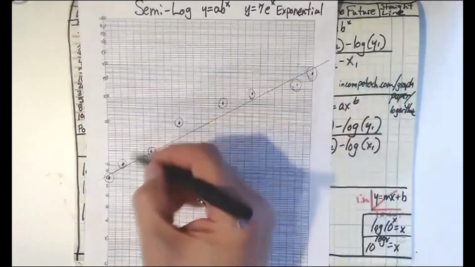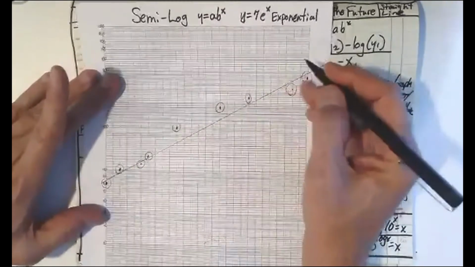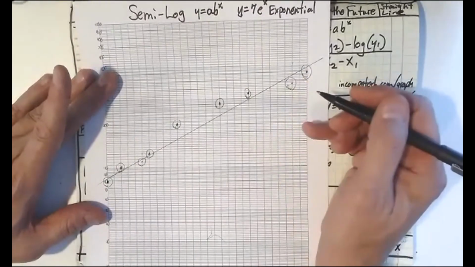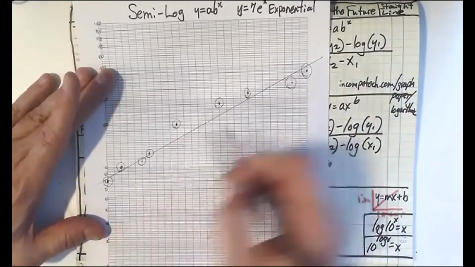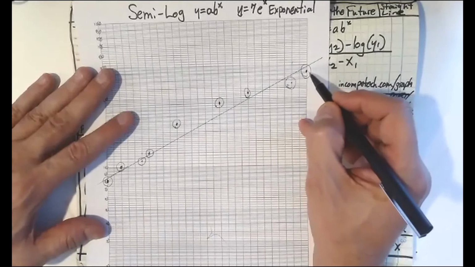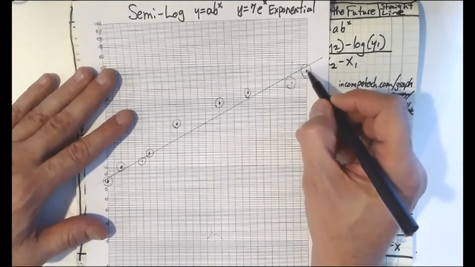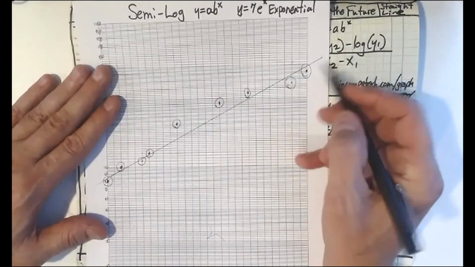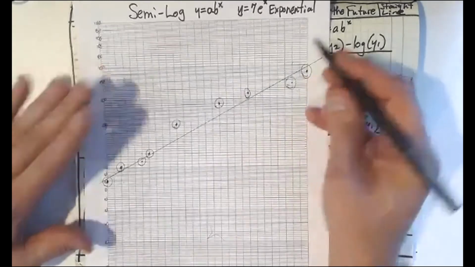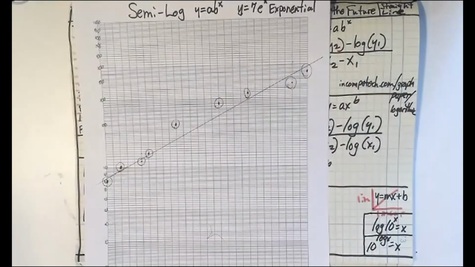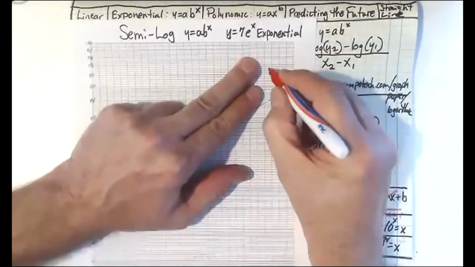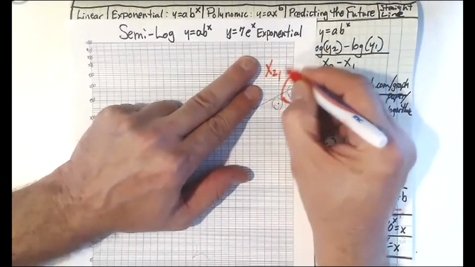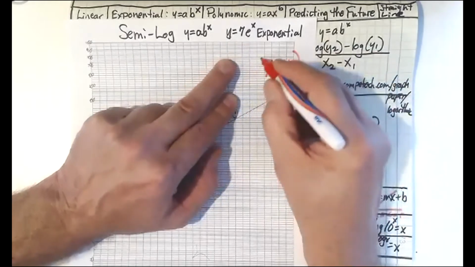We can actually take points off it, or I could take points off here. But let's just look at, in fact, it almost goes right from this first point almost to the last point, doesn't it? So I'm not far off there. I could actually use this. What I'm going to do is say that this point out here is x2, y2.